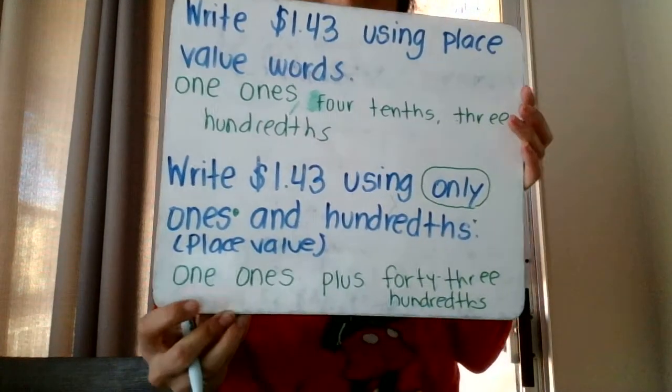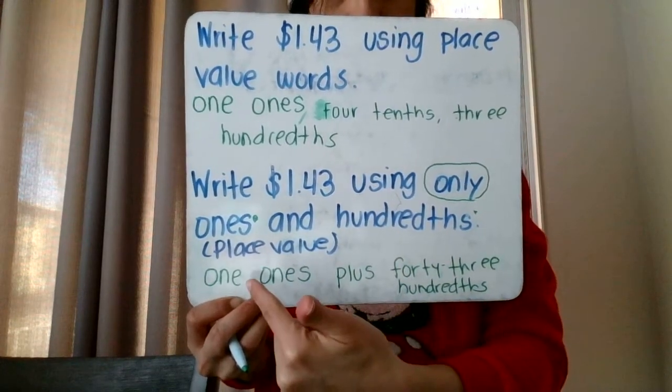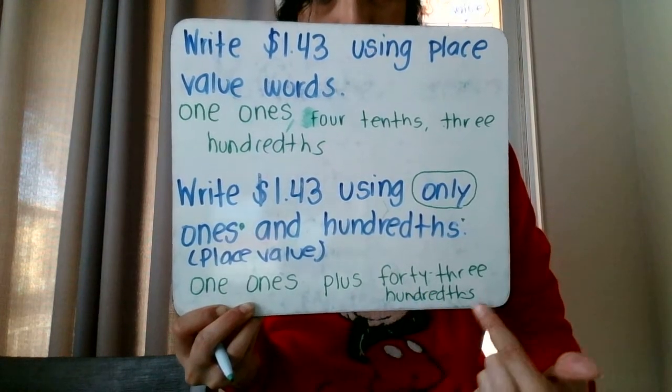Okay, so using only the ones and the hundredths, you would say I have 1 one and 43 hundredths.